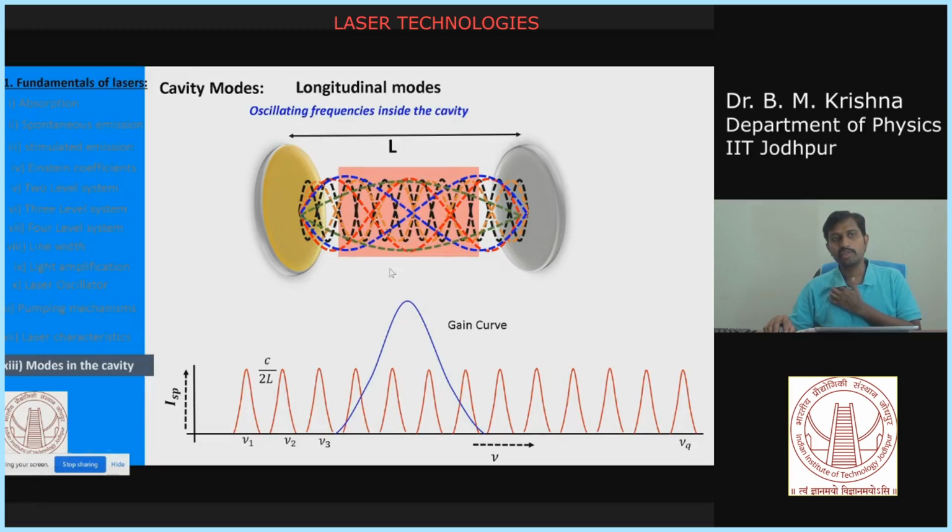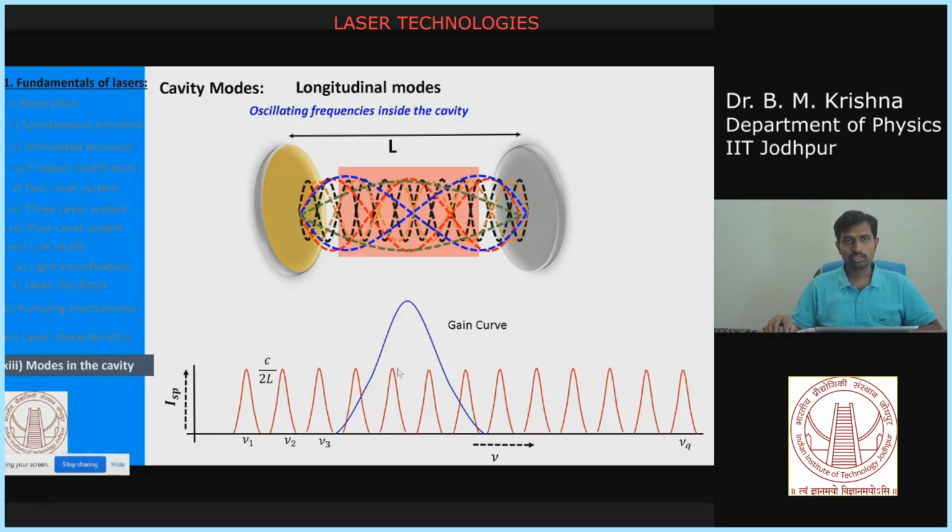So these many modes will be oscillating inside the cavity. Now you have a gain medium inside the cavity, and the gain medium has a certain gain curve. What is meant by gain curve? The gain curve is almost like your absorption spectrum. That means these photons, or these frequencies, can be sustained inside the cavity. Your gain curve only gives spontaneous emission of these frequencies, so all the other frequencies will not be there because you don't have those photons inside the cavity.